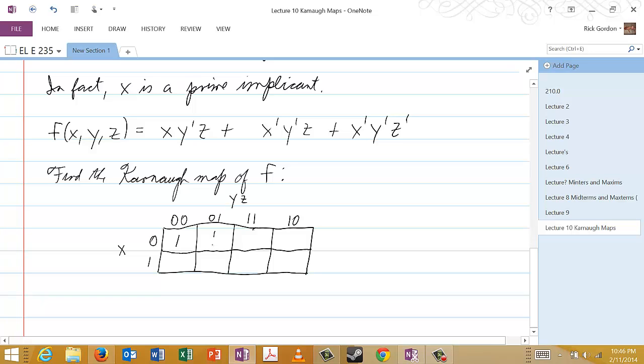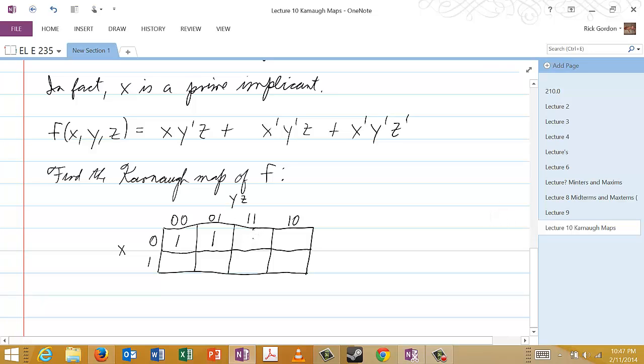So we get a 1 in that cell. And that is because the function is equal to 1 in this cell because x is 0, y is 0, and z is 1. And with those particular values of the variables, this term will be equal to 1. So we don't even have to check the rest of f because this is 1 and therefore f itself is equal to 1.